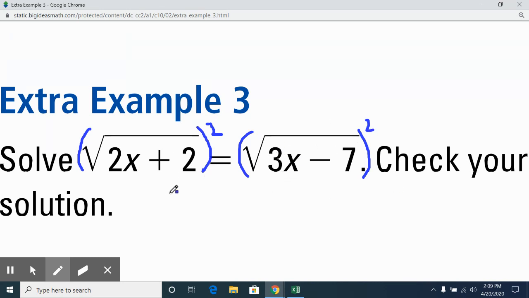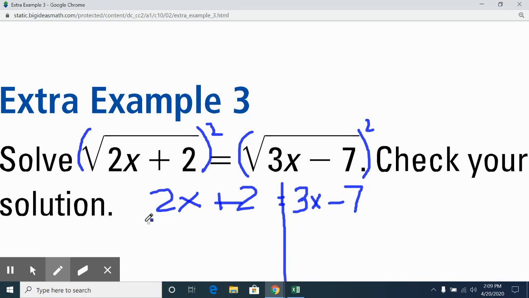That's simply going to leave me 2x plus 2 equals 3x minus 7. I always like to move my variable first. So I'm going to subtract 2x from both sides. Sorry that this is sloppy, it's really hard.